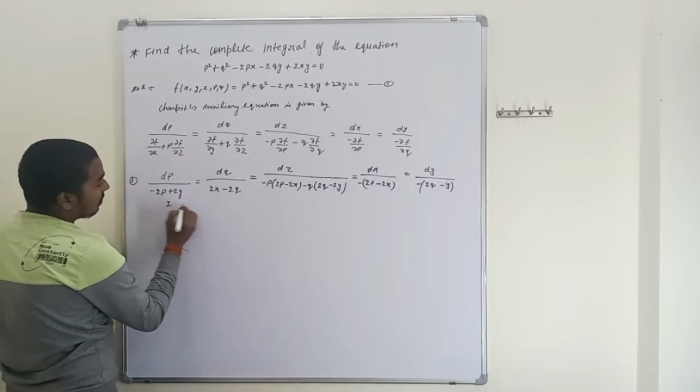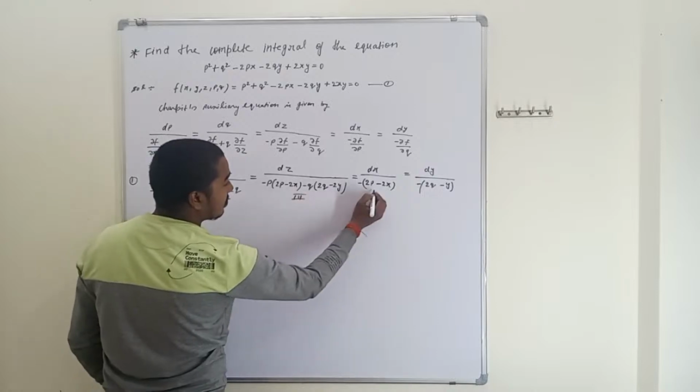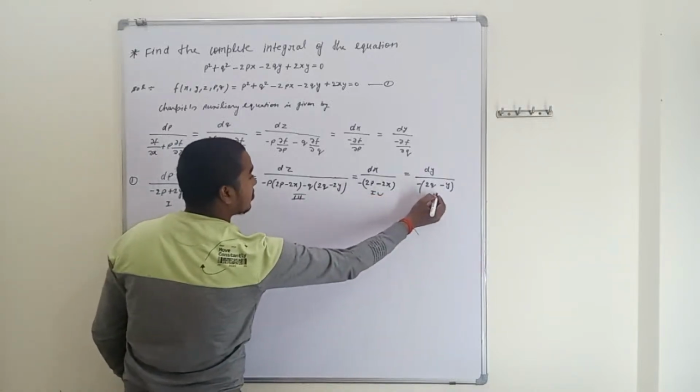Let this be the first, this the second, this the third, this the fourth, and this the fifth ratio.